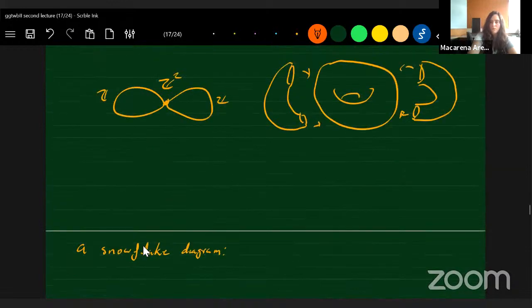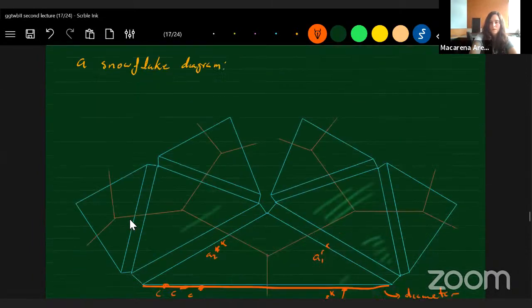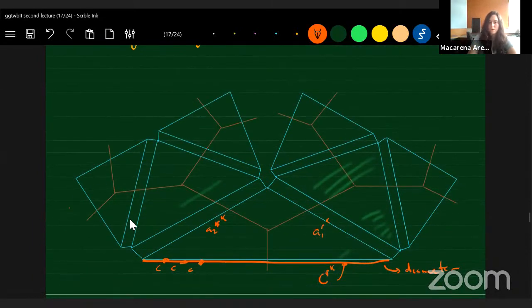And now these two relations tell us what the boundaries of these strips are. So this strip conjugates B2 to C to the R to the K minus 1, and the same on this side, only with B1.